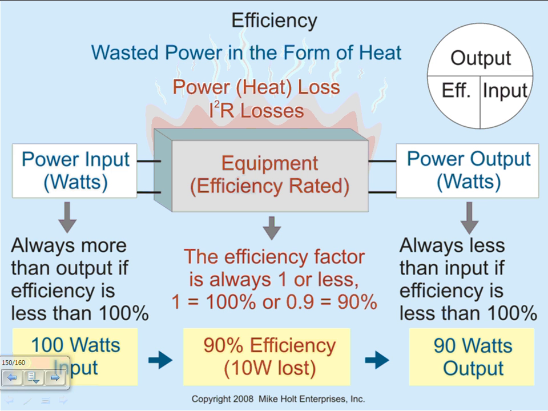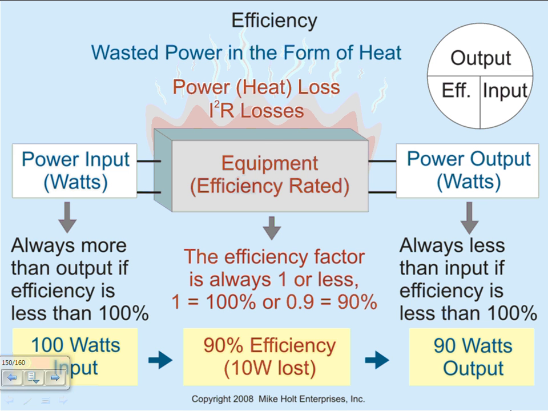So with efficiency, you have the power in through the equipment, the power out. Do you expect if you put 100 watts in, you're going to get 100 watts out? That's not a realistic expectation. When you put some power into equipment, expecting to get the same amount of power out is not right because there are losses.